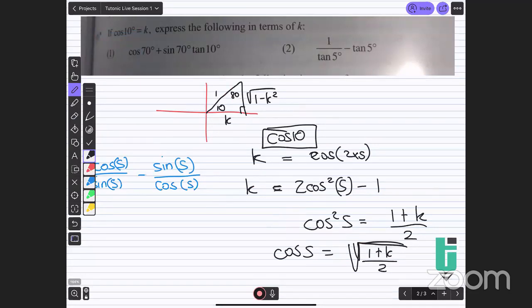So we can do the same thing for sine, right? Because we can also use the cos double angle, which is 1 minus 2 sine squared 5.